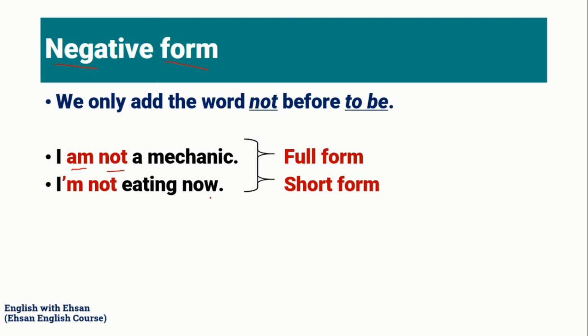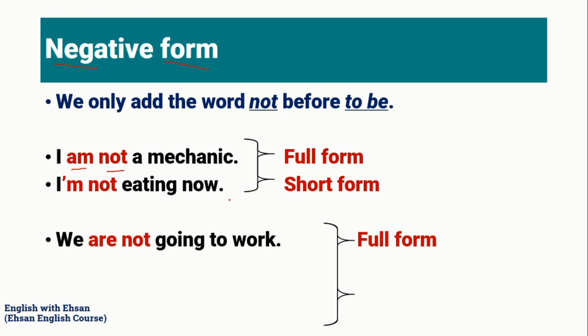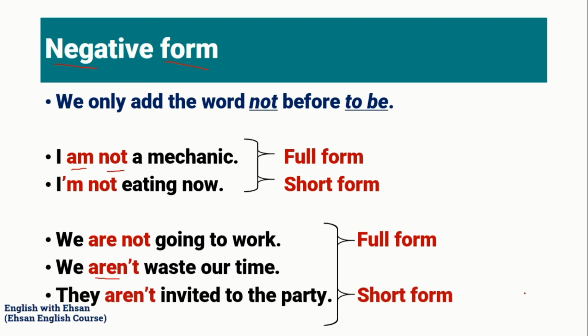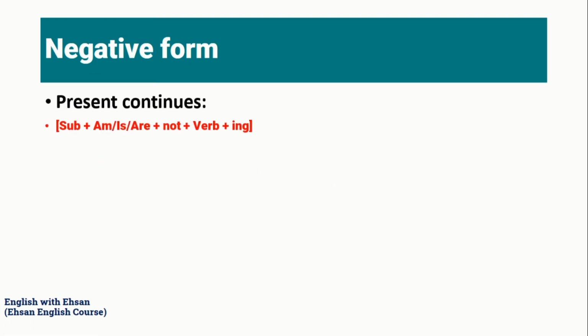We are not going to work, full form. And we have, we aren't wasting our time. They aren't invited to the party. The first one is full form, and the last one is in short form.